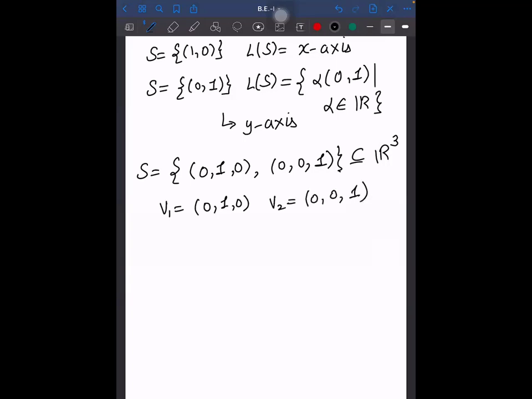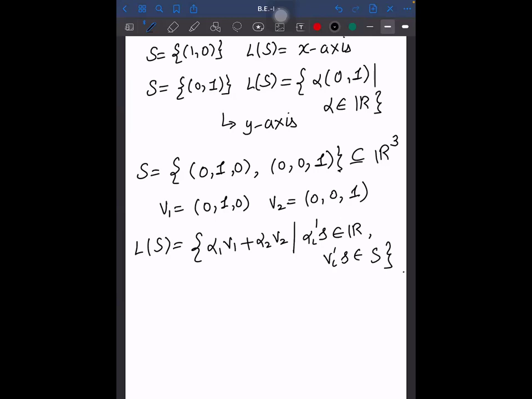Now if I take the linear span of S, I will choose alpha 1 V1 and alpha 2 V2 and add them, where each alpha belongs to the real numbers and each Vi belongs to S. Let me call this S1 so that there is no confusion.